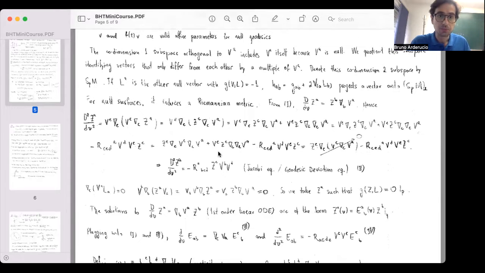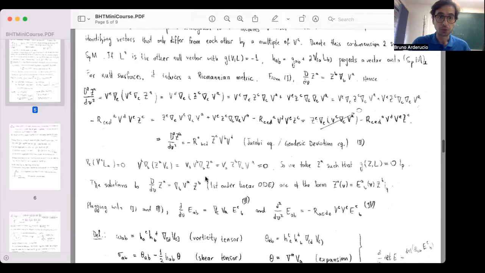We saw a particular equation, in which the curvature appears, that governs how the acceleration of vectors indicating the separation between the multiple geodesics in the family evolves along the affine parameter. So that provides an interpretation for the curvature tensor to begin with.